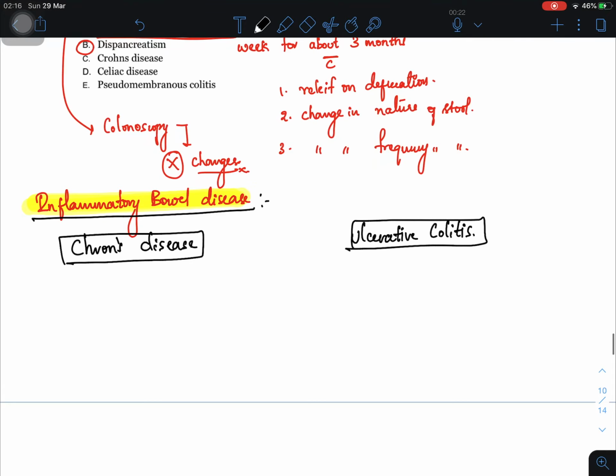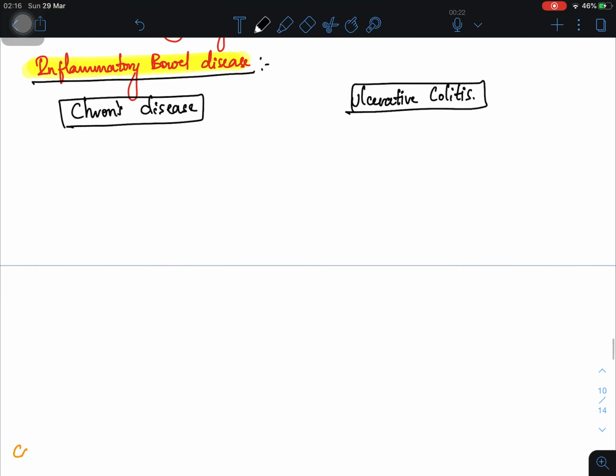Now what is this Crohn's disease? In both Crohn's disease and ulcerative colitis, there will be inflammation of your intestine. But in Crohn's disease the inflammation can be anywhere, from the mouth till the anus.